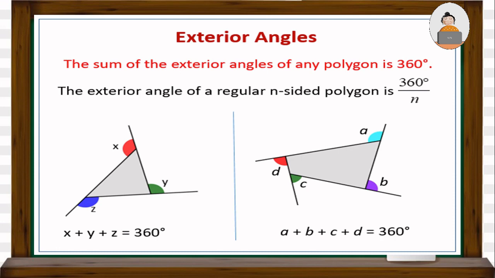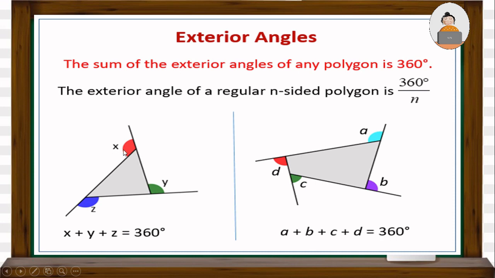The last topic of our video is the sum of the exterior angles of a polygon. The sum of the exterior angles of any polygon is given by 360 degree, whether it's a triangle or a quadrilateral, which I have drawn in the diagram as the triangle.